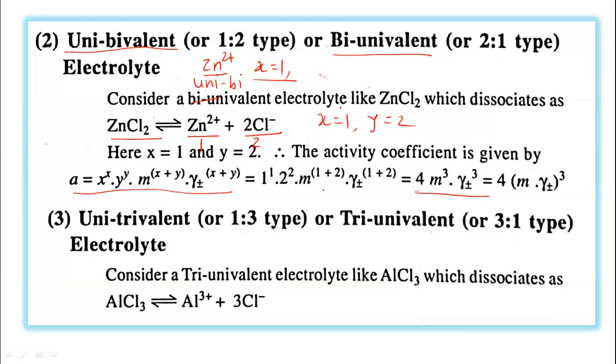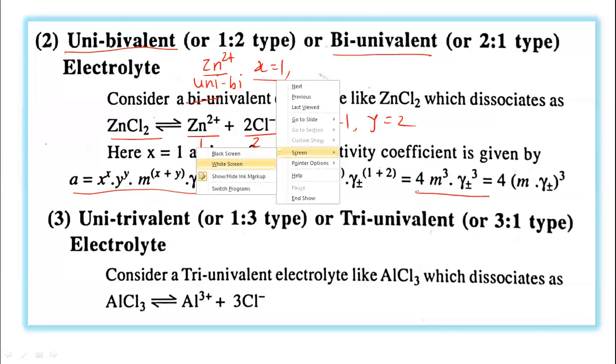Now let us consider the biunivalent type of electrolyte. This electrolyte belongs to the 2s1 type, and the example is sodium sulfate.